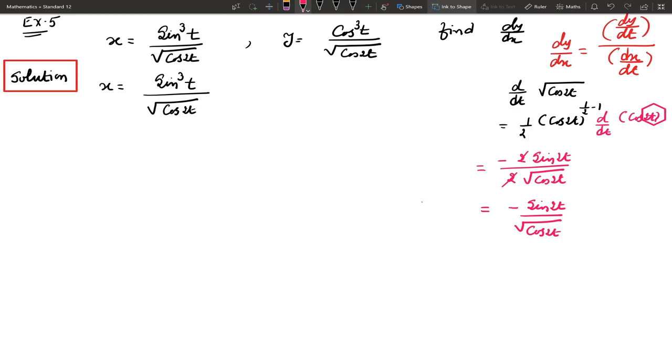This is d by dt of root cos 2t. So first note this separately.